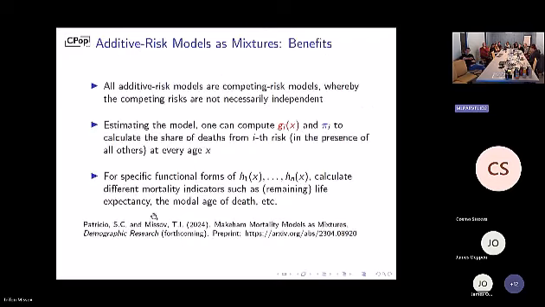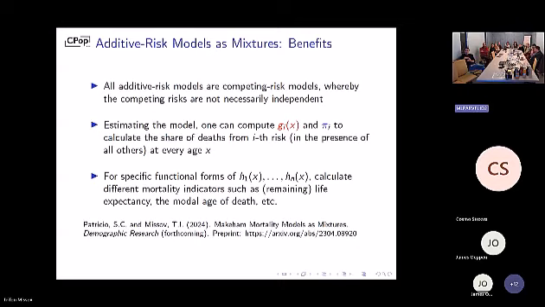And what are the benefits? I already said one of them, that additive risk models are competing risk models whereby the competing risks are not necessarily independent.